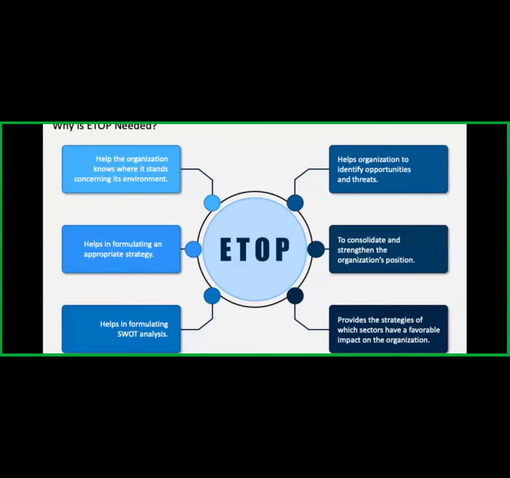So that's the reason why it is said that analysis of the external environment plays a very important role in the growth or decline of the organization. That is the impact of technology. Both opportunities and threats are there.